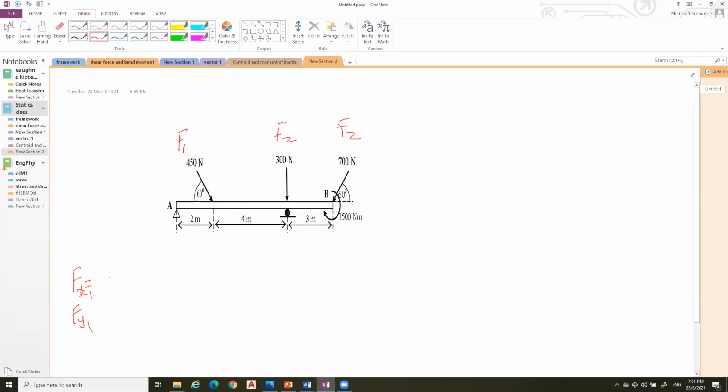And you must tell me whether or not it's positive or negative. I want the component of the 450 Newton force in the X. We are breaking up the force into X and Y components.